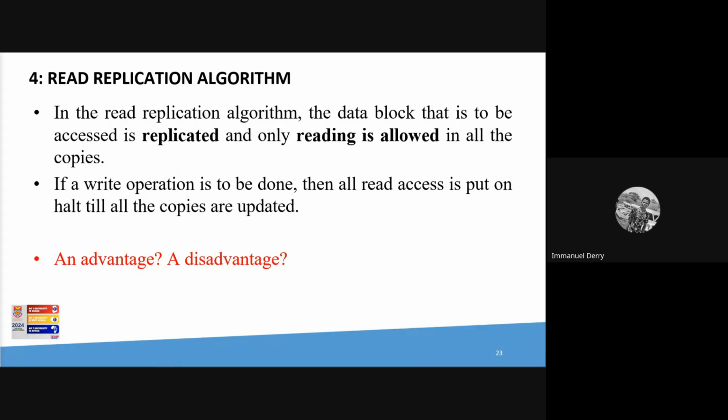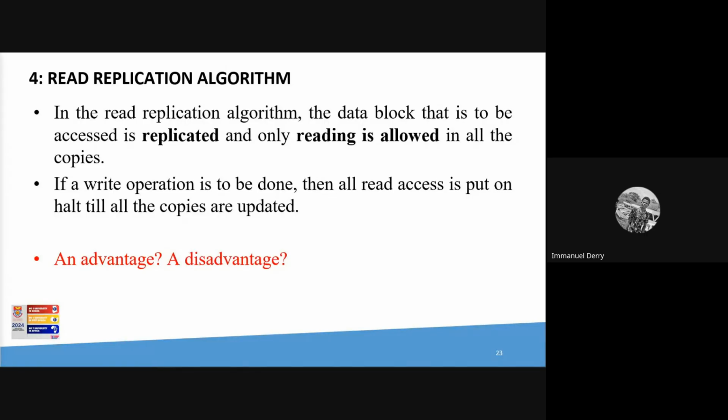All right, and then in the read replica algorithm, the data block that is to be accessed is replicated, and only reading is allowed in all the copies. So the data block is replicated, and we can only read the data that's being given to us. However, if a write operation is to be done, then all read access is put on hold, so all the copies are updated.